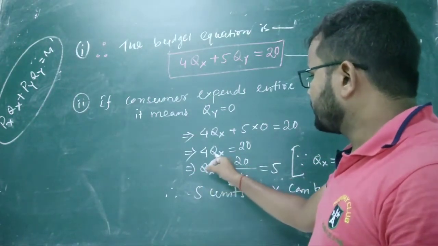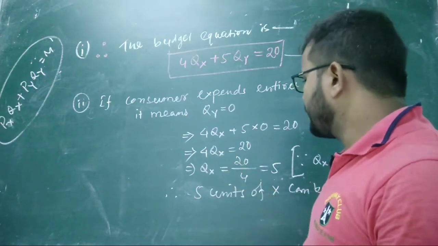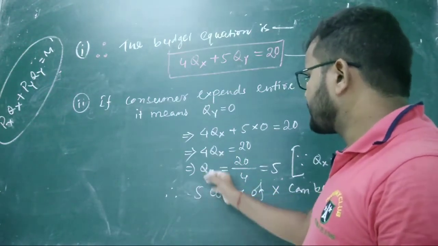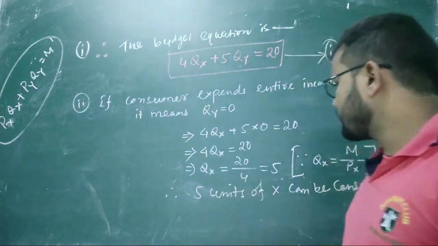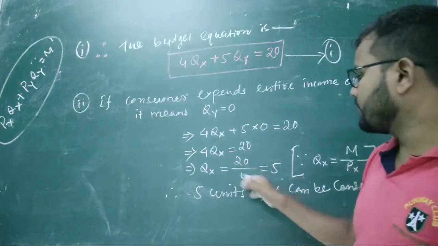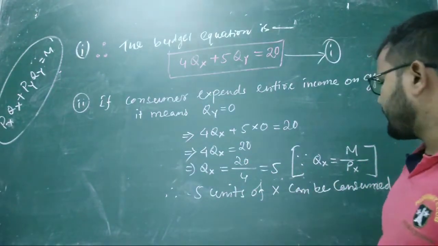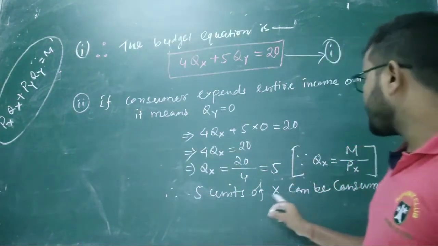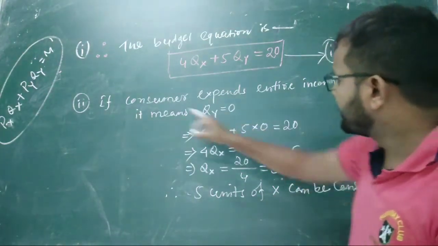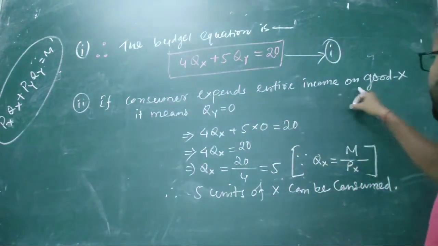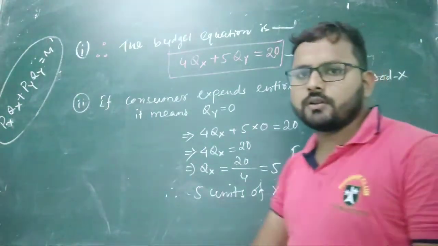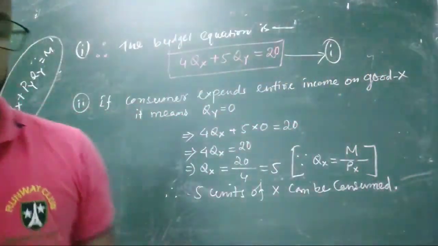So since 4 is multiplied with QX, to determine QX the 4 becomes a divisor. Clear? 20 divided by 4 equal to 5. So therefore, 5 units of X can be consumed if the consumer expends entire income on good X. So this will be the answer for question number 2.